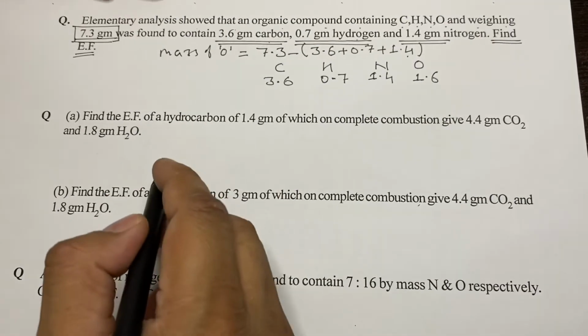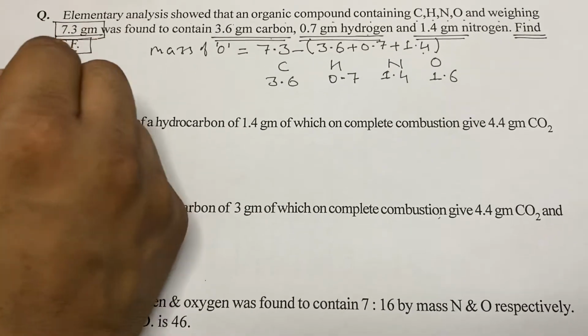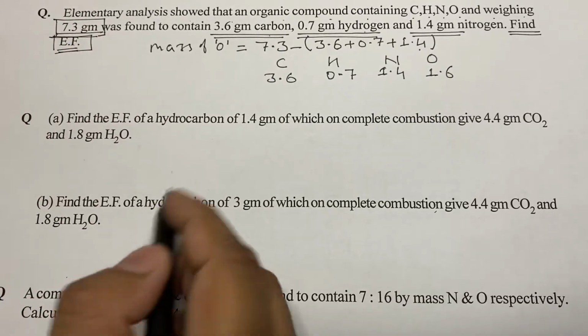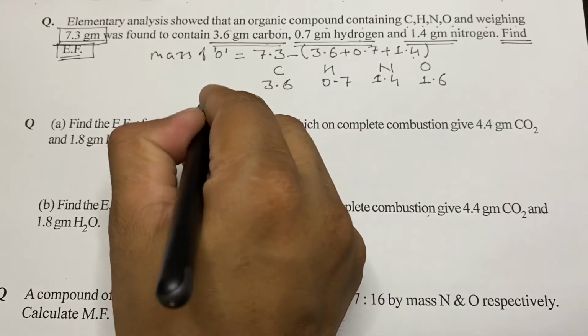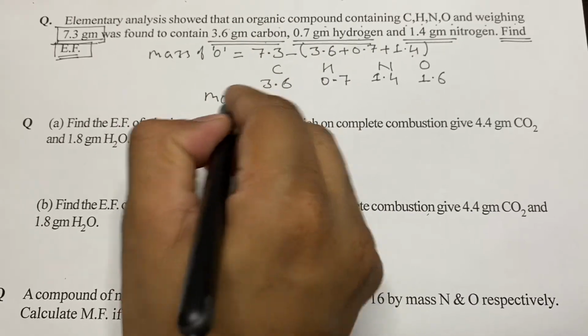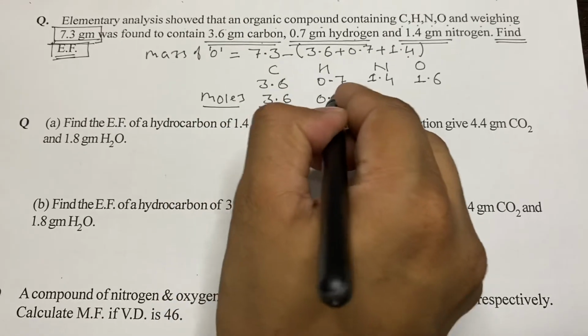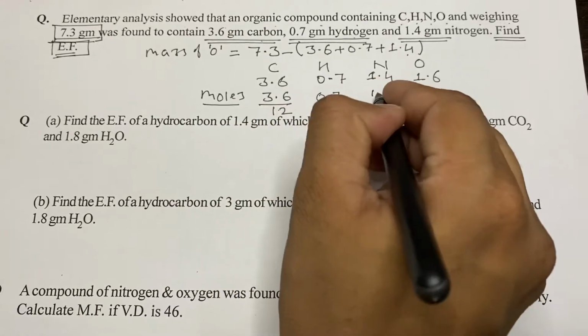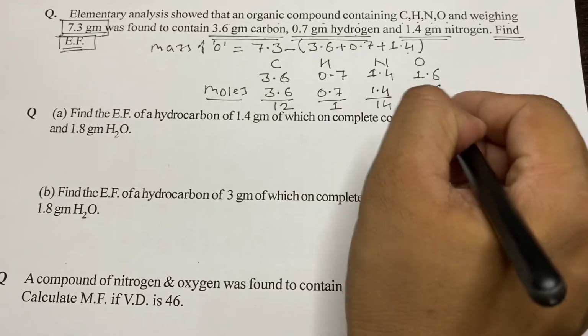So simply, by using the definition of empirical formula, which gives the simplest whole number ratio of the atoms of the elements present in a given compound, we can find the moles of each. So this is 3.6 divided by 12, 0.7 divided by 1, 1.4 divided by 14 and 1.6 divided by 16.